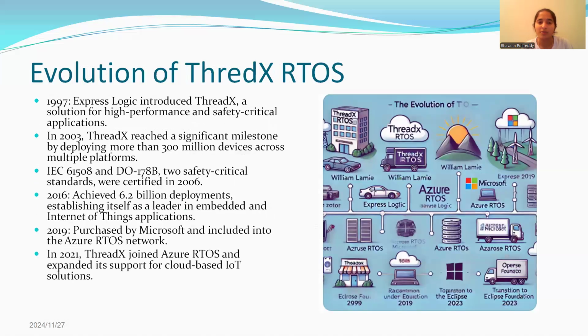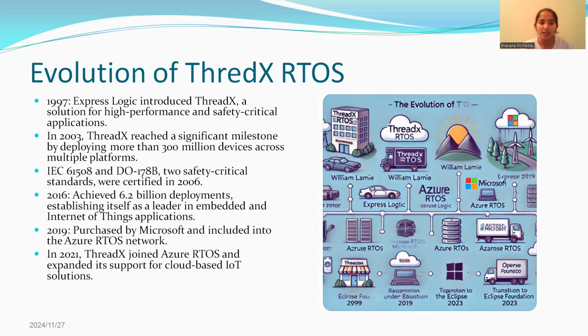Let's go and talk about the evolution of ThreadX RTOS. In 1997, it was developed and introduced by Express Logic. In 2003, it reached a significant milestone by deploying in more than 300 million devices across multiple platforms. In 2006, two safety-critical standards were certified, IEC 61508 and DO-178B.